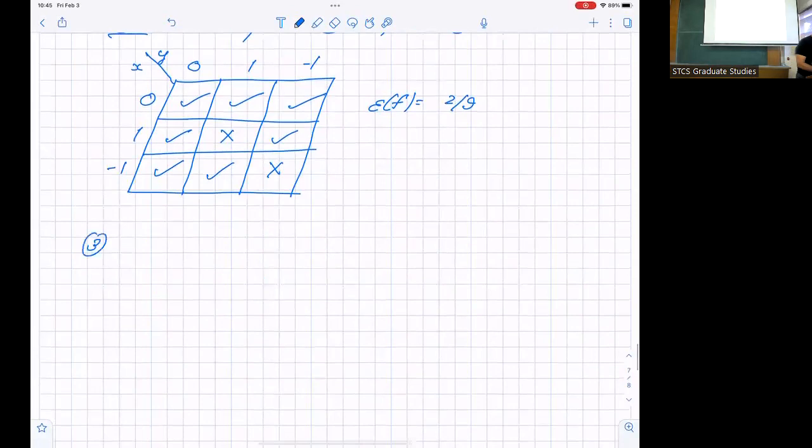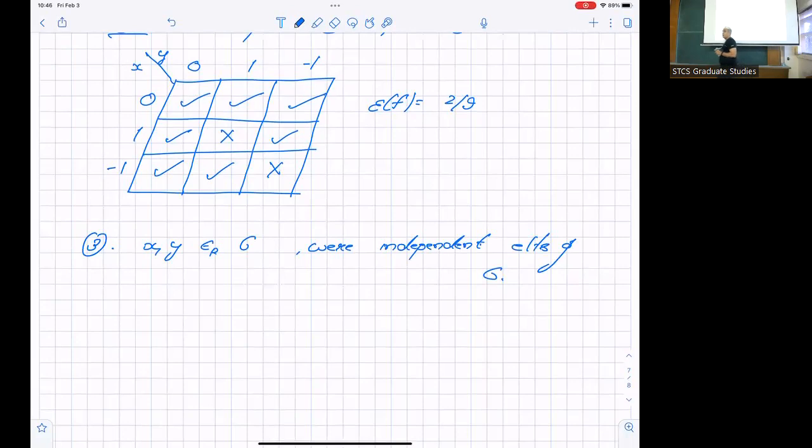Observation 3: right now x, y are both independent elements of G. The question is, do you need full randomness, or can you use lesser randomness?